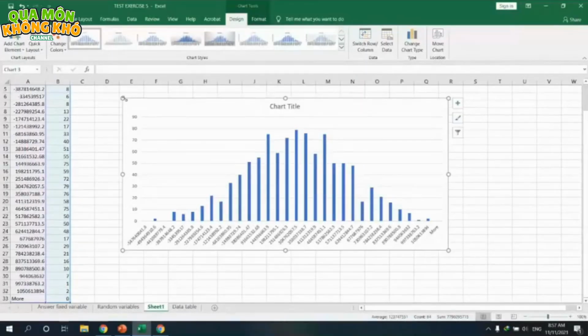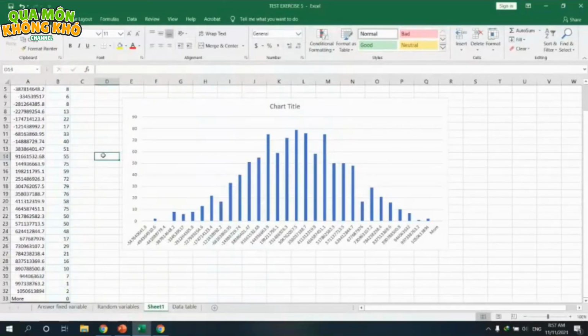As you can see here, we have the histogram of NPV, and the value of NPV from the minimum value to the maximum value. With every value of NPV, we have the frequency of those values. And you can see this histogram. When you smooth this histogram, you have something like the density distribution function, like the normal distribution with the bell curve.